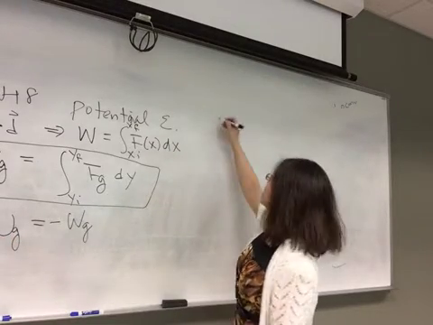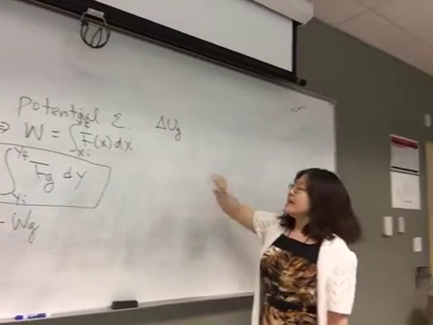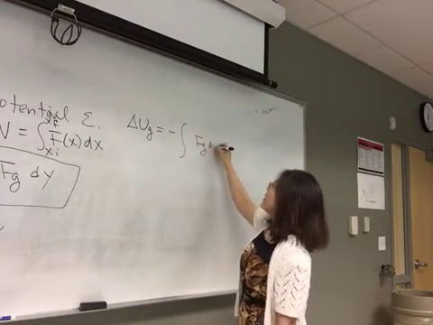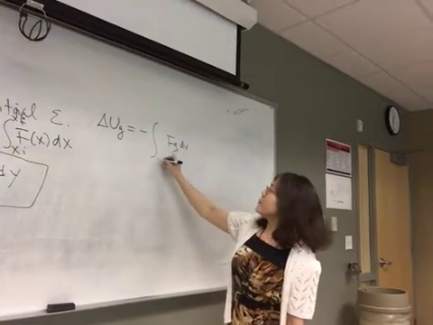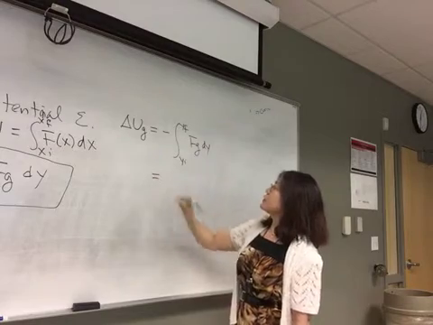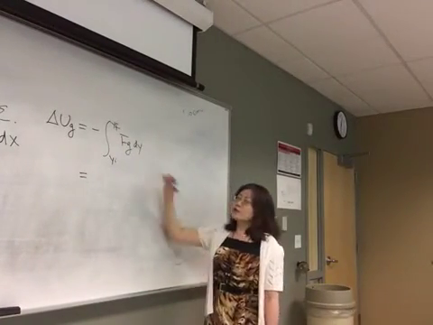So your delta U, the change in gravitational potential energy, is equal to negative the integral of the gravitational force times the displacement, from the initial point to the final point. If you're not familiar with integration, this is just for your information.